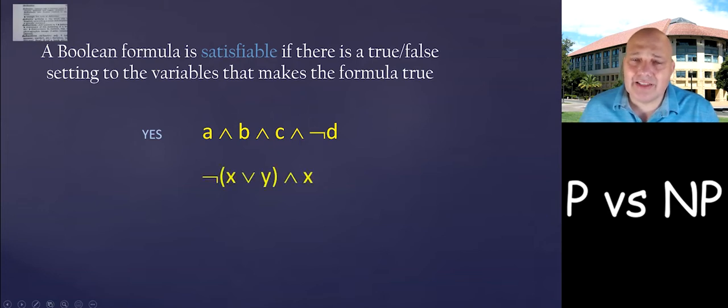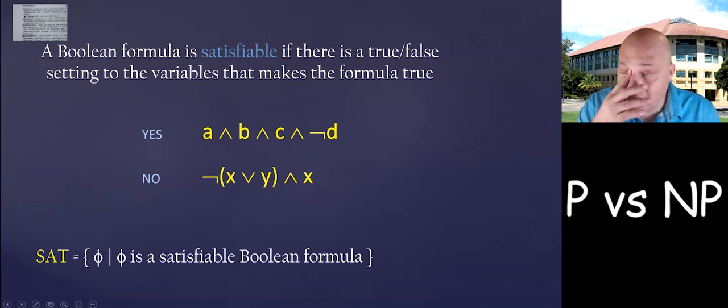Is this satisfiable? For this to be satisfiable, this has to be true. If this is true, then this is also true, but then its negation is false. So false and true is false. So no, the answer here is no. SAT is the language of all Boolean formulas that are satisfiable.